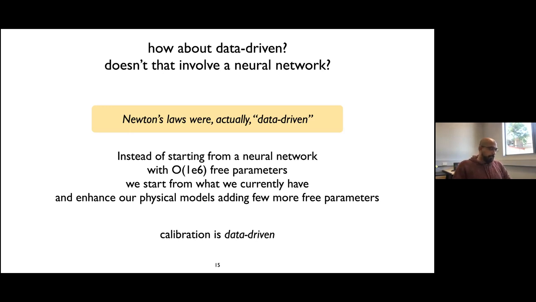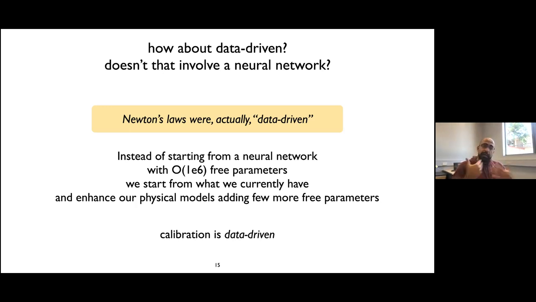So what we're trying to do in this work is, instead of starting from a neural network, which involves 1 million parameters or more, and trying to calibrate all those to best match the observations with our model output, we start from what we currently have, like a parameterization with 2 or 3 different parameters, and we try to calibrate that well enough to see what's the best that parameterization can do.